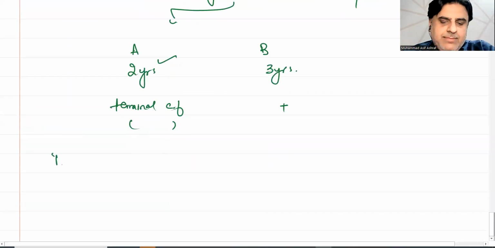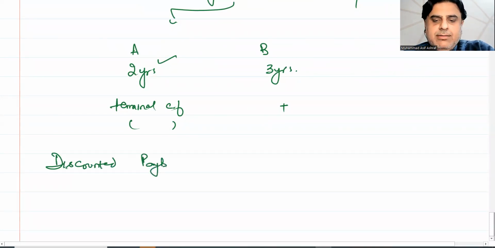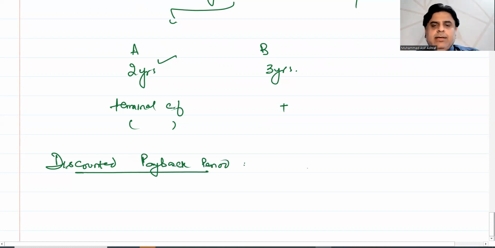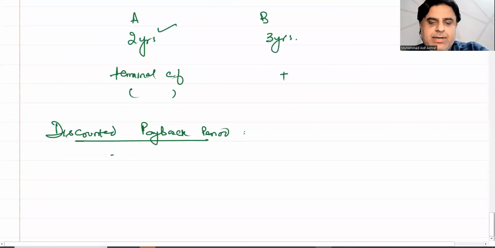Now let us overcome these problems. To overcome those problems, we have discounted payback period. Discounted payback period accounts for the time value of money.